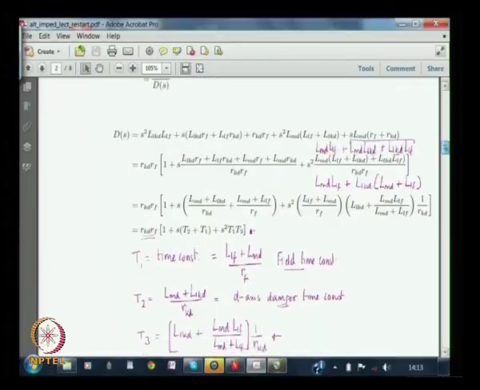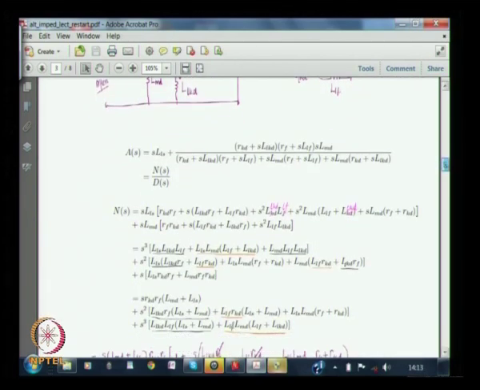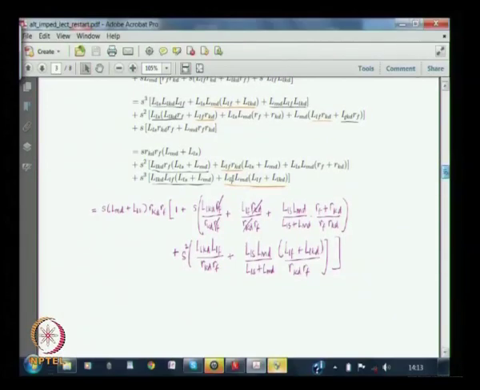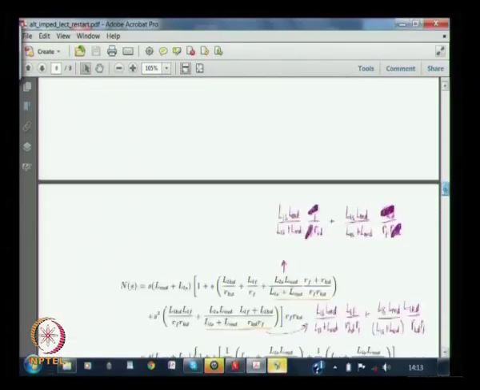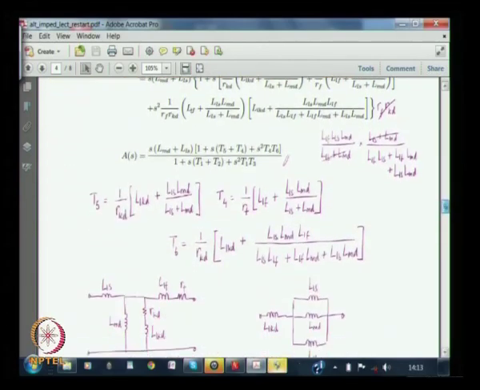In that we defined various expressions T1, T2, T3, and then we went on to study all the other expressions. One can see all the derivations that we have done.